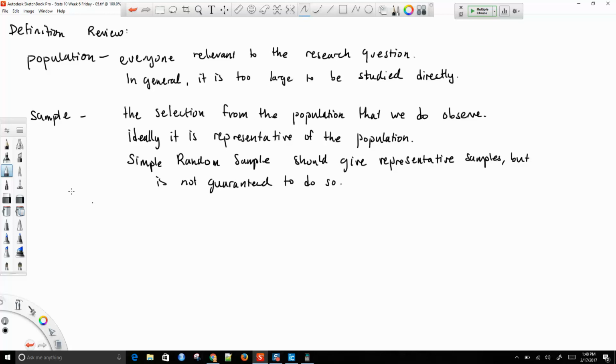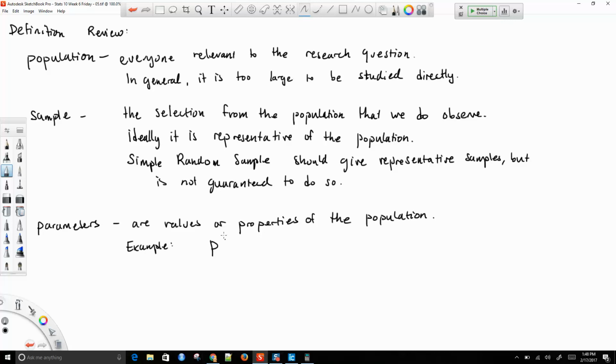Okay, we have parameters. Parameters are values or properties of the population. Okay, and so an example is P. P is the proportion in the population with a certain trait.